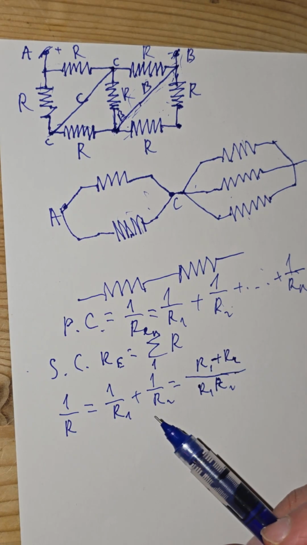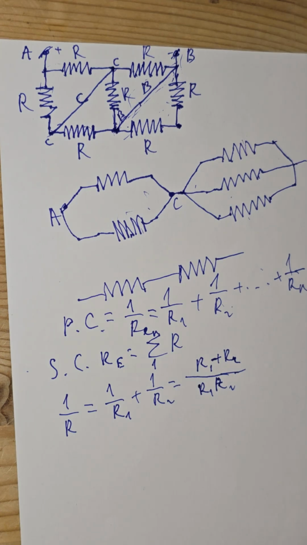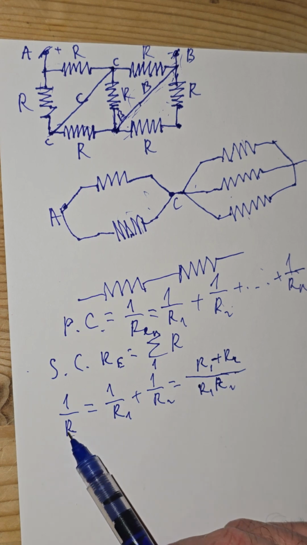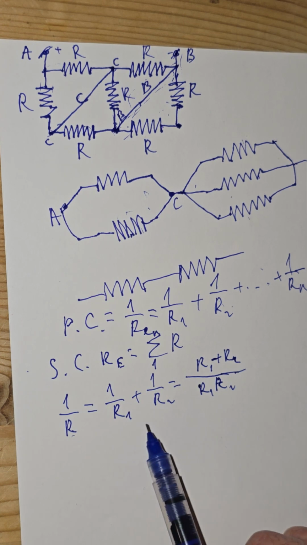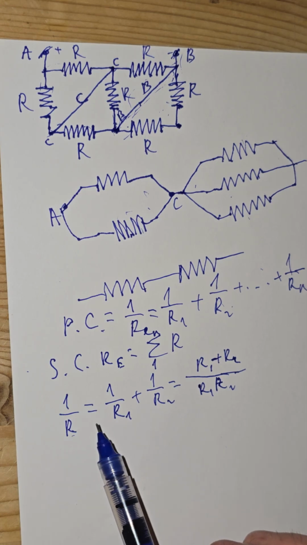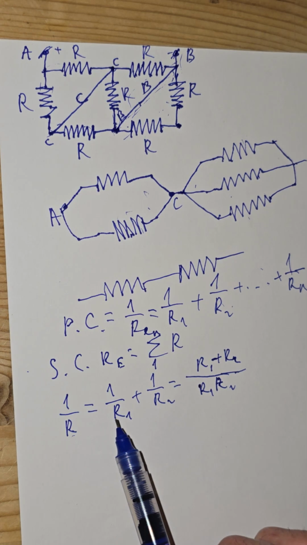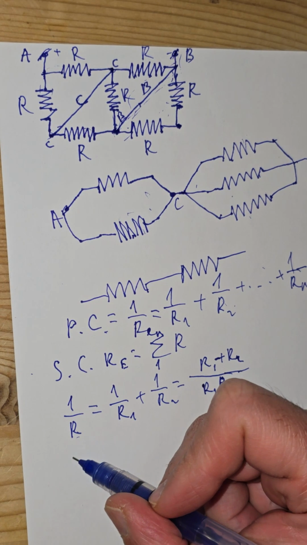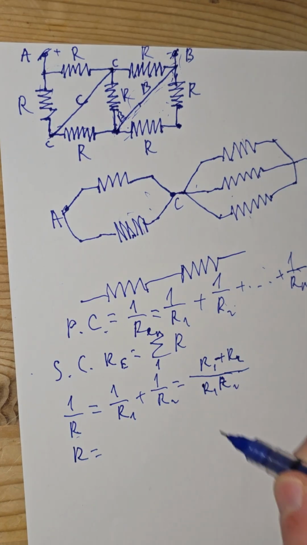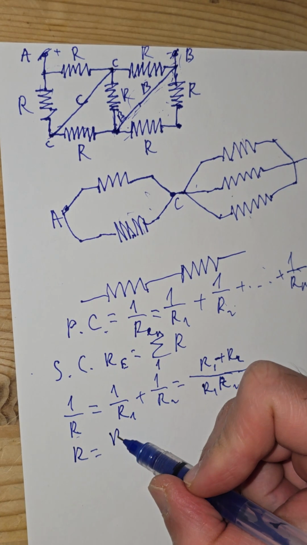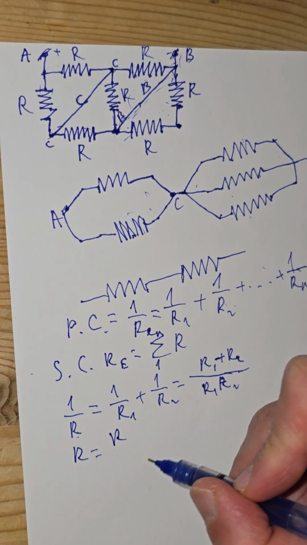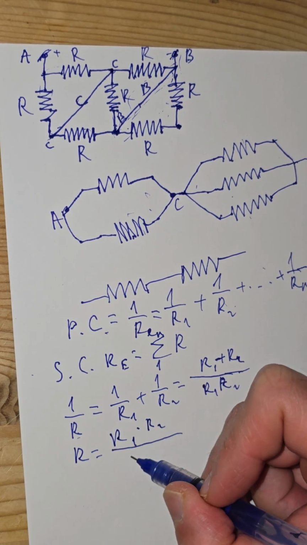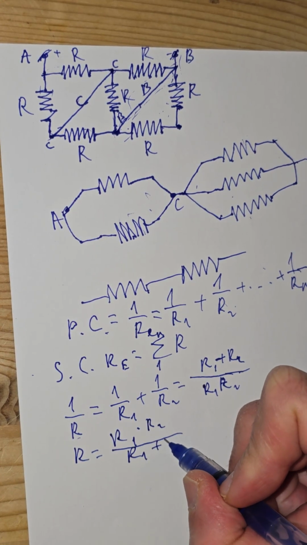And we apply the rule of fraction. R is equal to this times this over this. So R is equal to R1 times R2 divided by R1 plus R2.